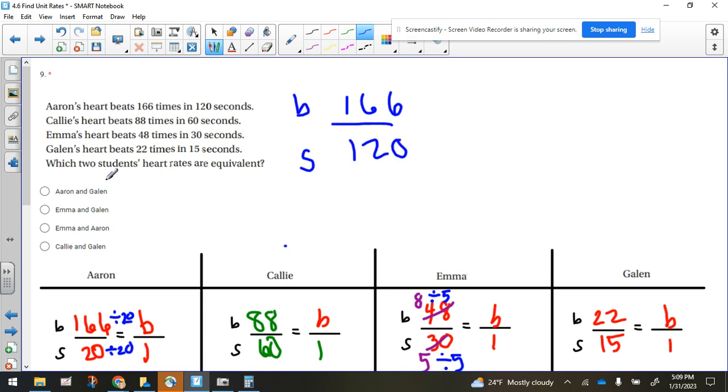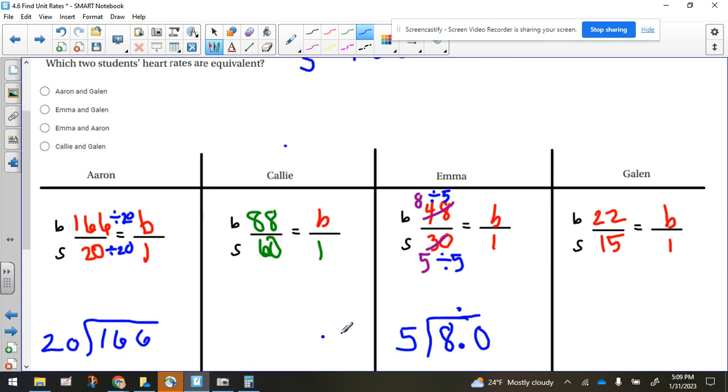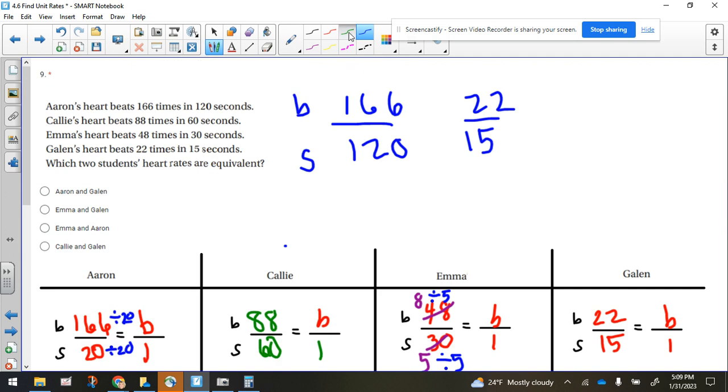And if we compare that to this person, that's 22 beats per 15 seconds. What might be faster than figuring out the unit rate, although this would work, is you could just compare the cross products. So look for opportunities to reduce, because that would make your cross products a little bit easier. But if you didn't see how to simplify that, then you would find what 166 times 15 is.